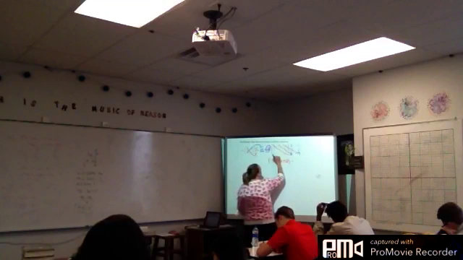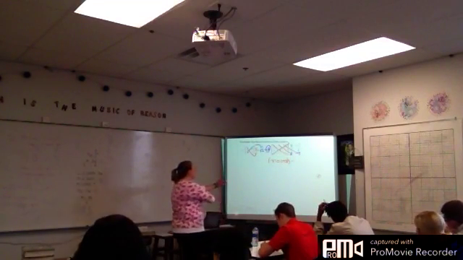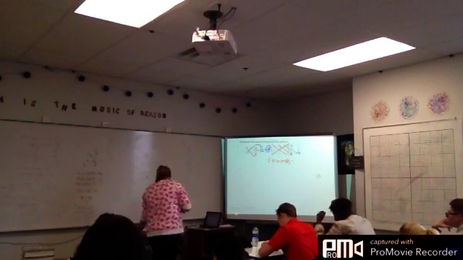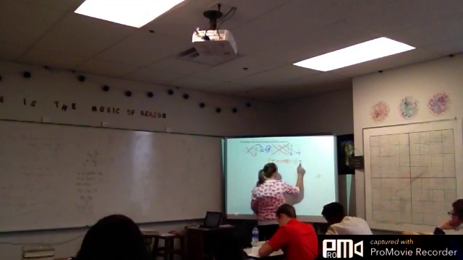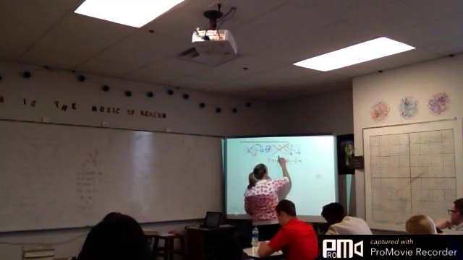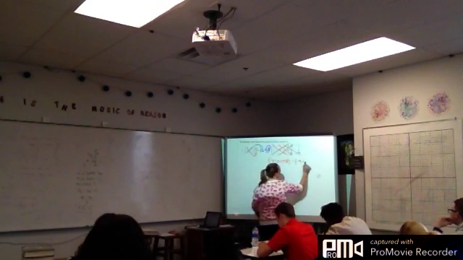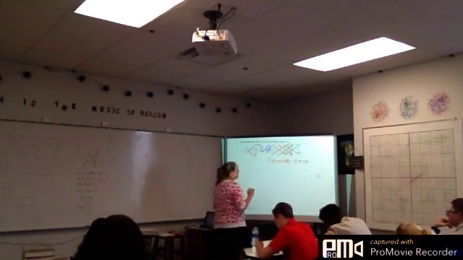I take 3 times negative 1 times negative 3. What's 3 times 1 times negative 3? Negative 9, right? Then you have negative 4, 0, and 2. And then you have negative 2, negative 4, and negative 1.